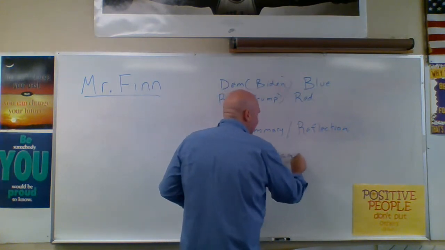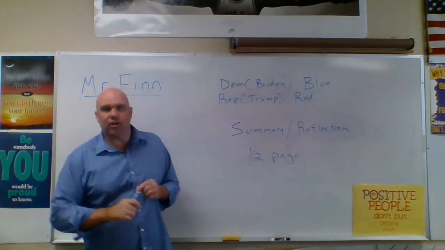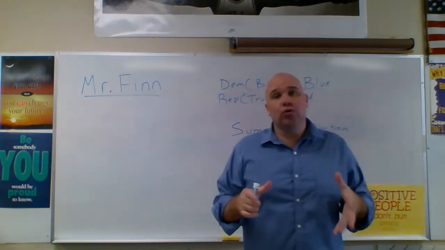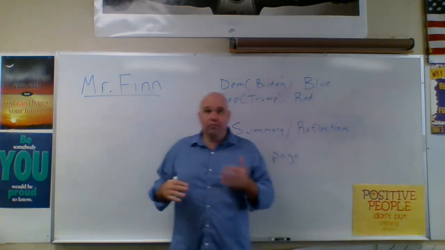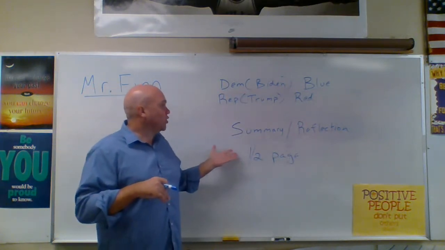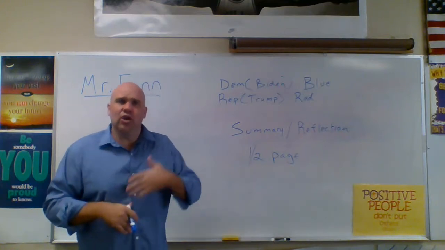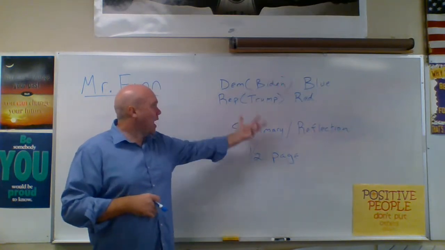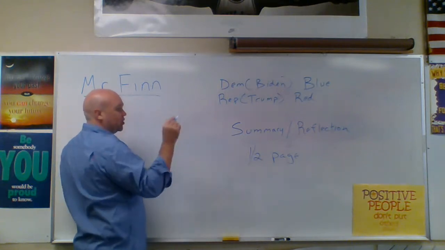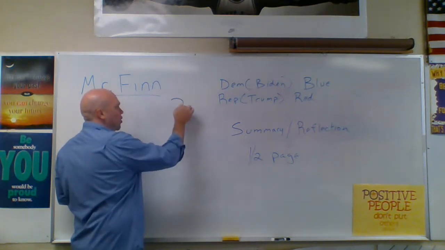Half page, because I want you to take a look at the map too. So it doesn't have to be longer than a half page because I do want you to take time to, at this point, go to the election map. Go type that into Google, and I want you to give me a summary or your personal feelings or a reflection of what happened, what states were what.